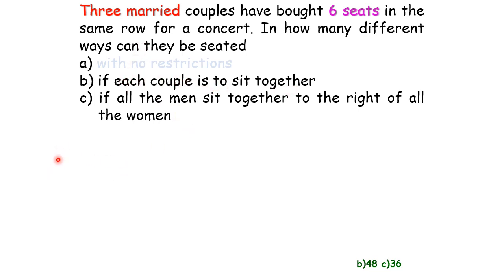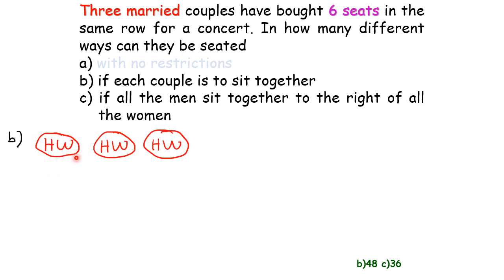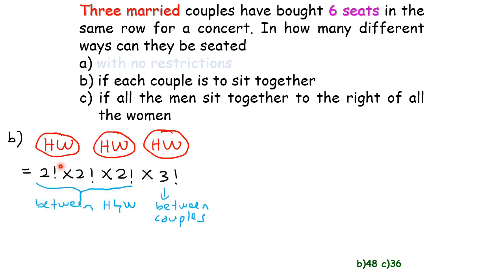So couples sitting together means like this. So we have 3 places, okay? We group together husband and wife into one group. So in total we have 3 groups. And inside here, between husband and wife, they also can switch places. Maybe husband on the left or husband on the right. So same also for the other 2 couples. So the arrangement for question B would be the arrangement between husband and wife inside the couple.